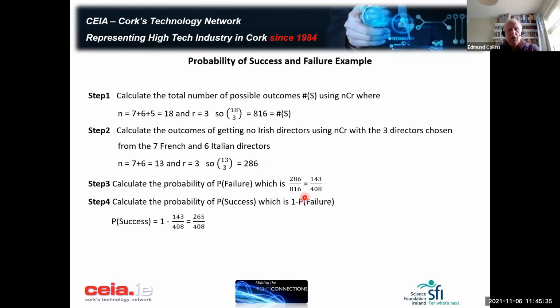You first of all calculate the sample space. So that's the total number. So let's say, to take it simply, we often hear there's 1 in 100 chance of something happening.